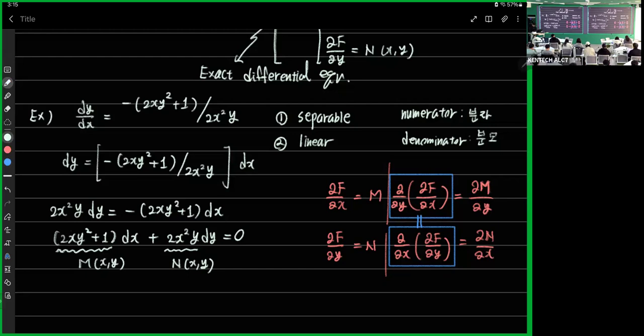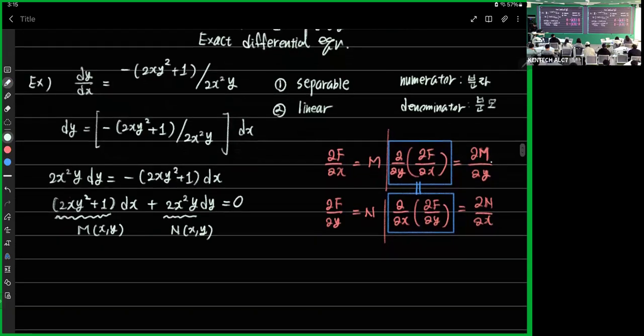So partial M over partial y must be equal to partial N over partial x. So what are we going to do? I'm going to take the derivative of M with respect to y.